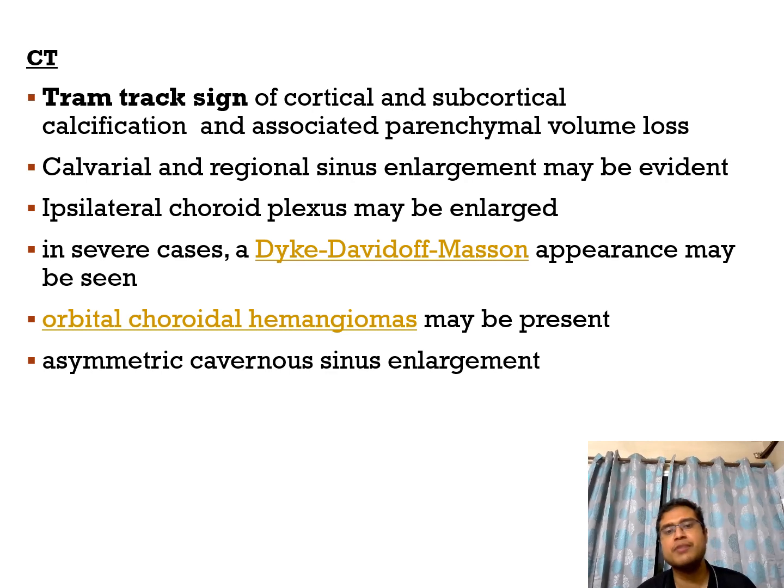There is dilatation of the ipsilateral choroid plexus, which can also be seen in this case. In severe cases, when there is complete atrophy of one hemisphere of the brain, it will lead to Dyke-Davidoff-Masson appearance. We can also see orbital choroidal hemangiomas, which are also present in Sturge-Weber, and asymmetric cavernous sinus enlargement.